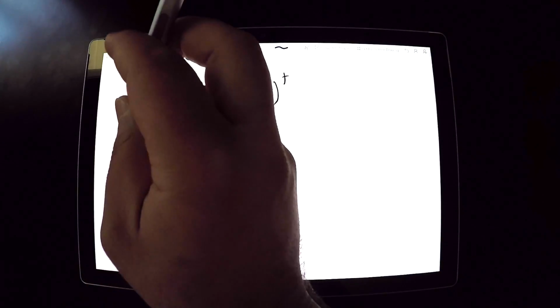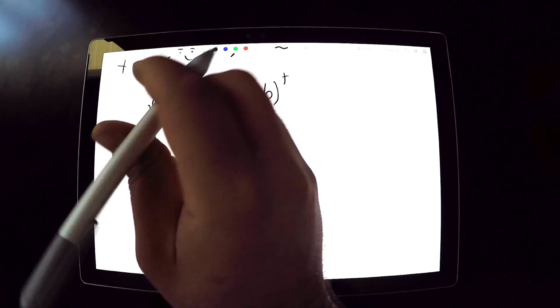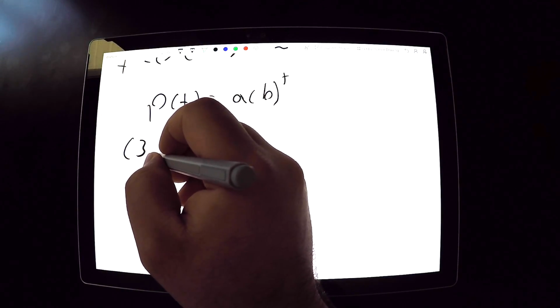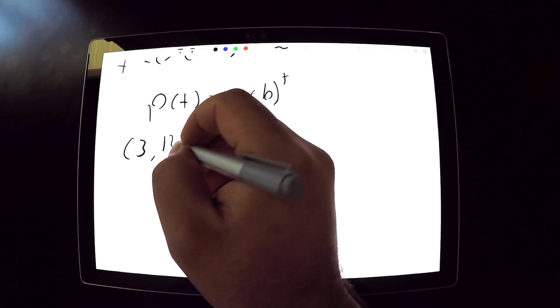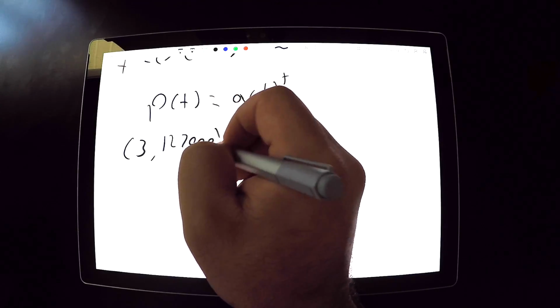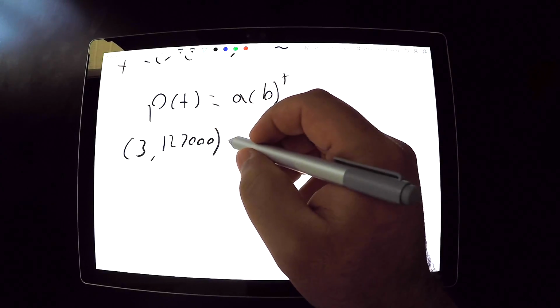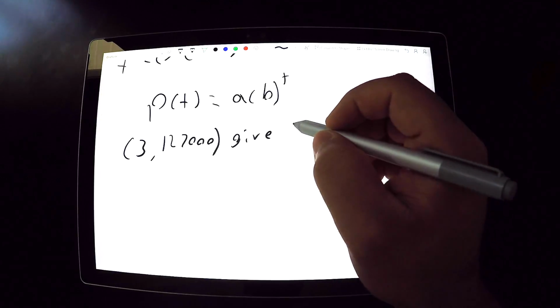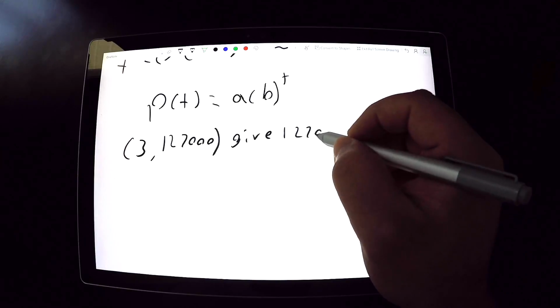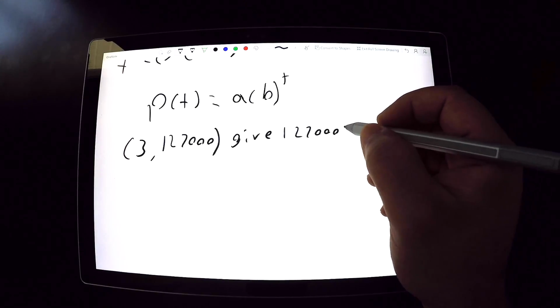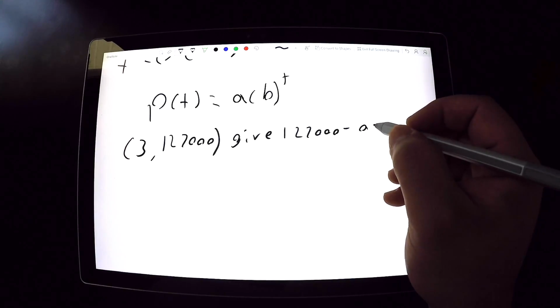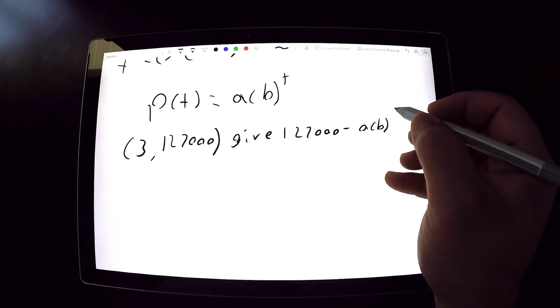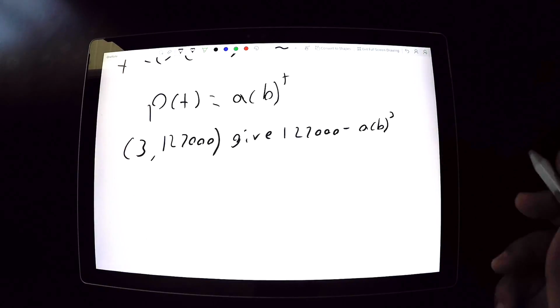So the point (3, 127,000) gives us 127,000 equal to A times B to the power of 3.